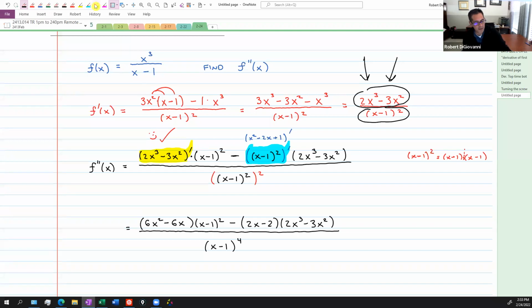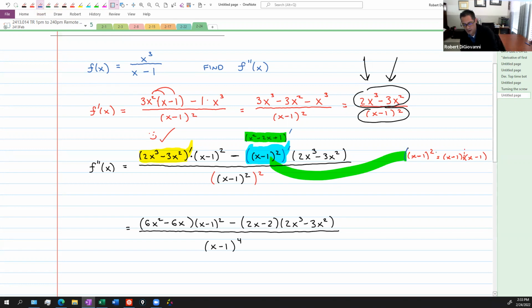I think it was David that asked, instead of doing this in green and expanding it, could we have done this? Let me show you. The derivative of this product would be the derivative of the first one, which is 1, times the second one, plus the derivative of the second one, which is 1, times the first one.